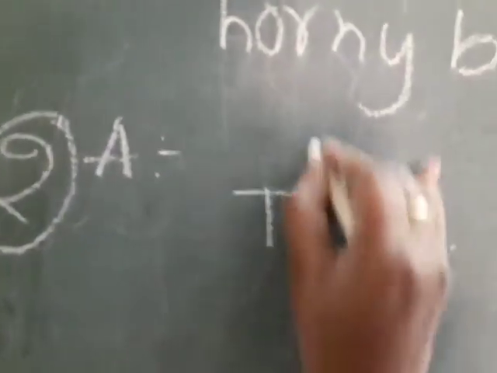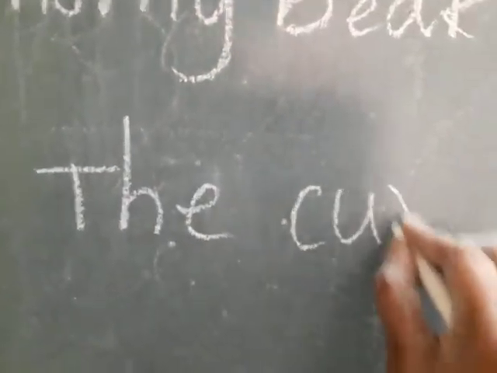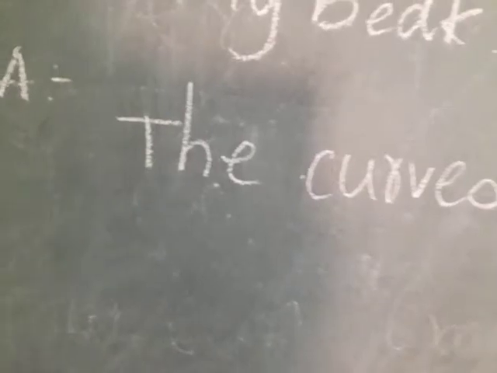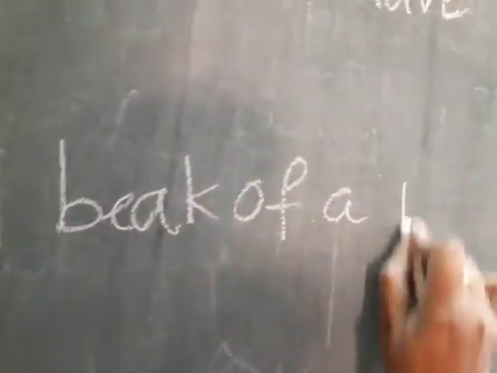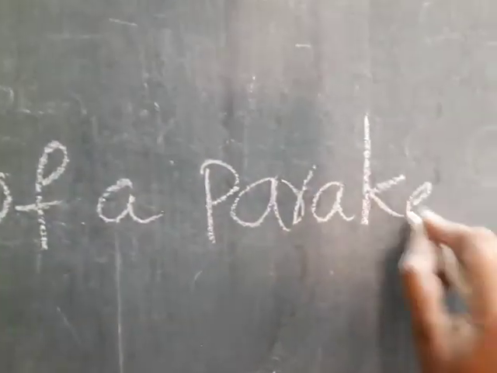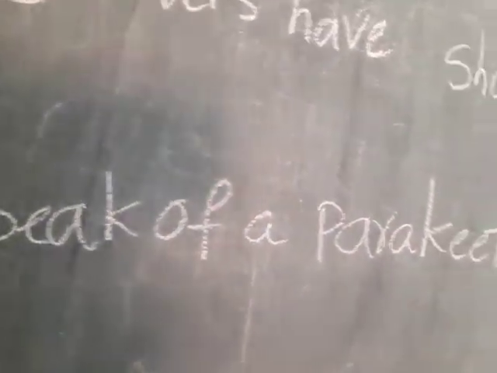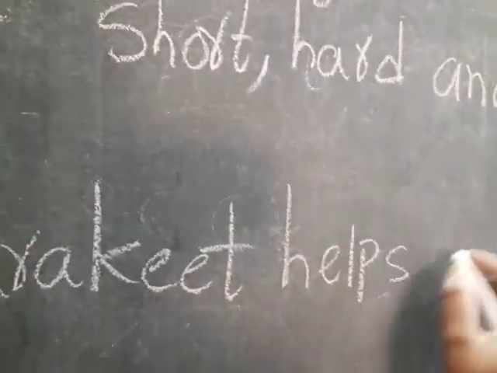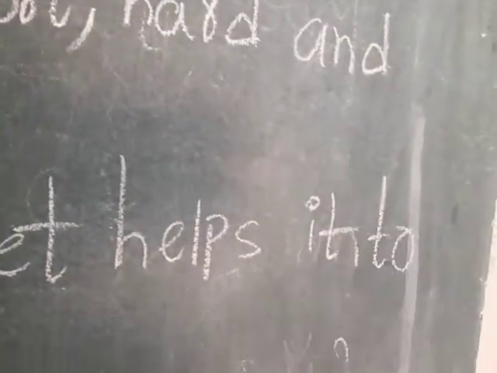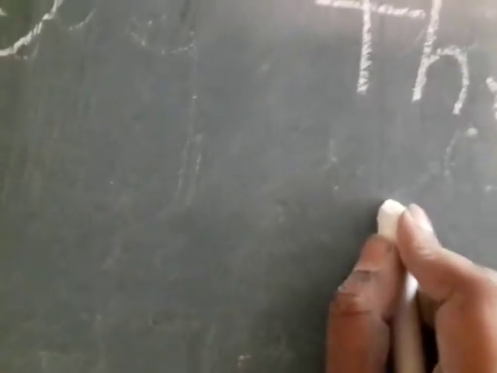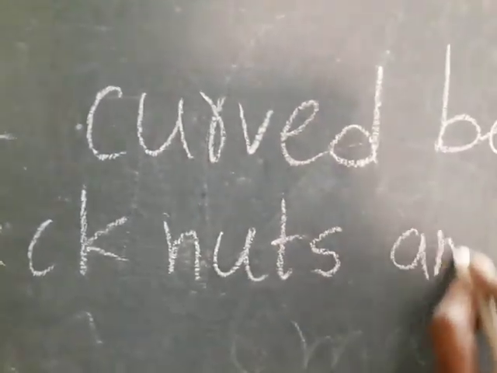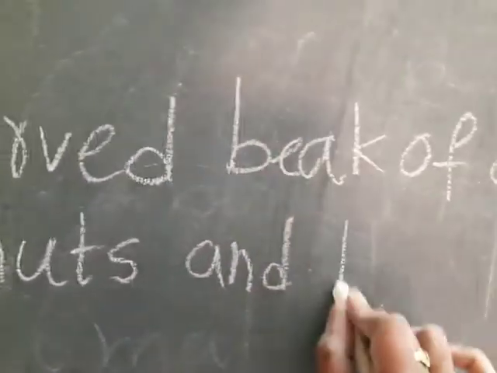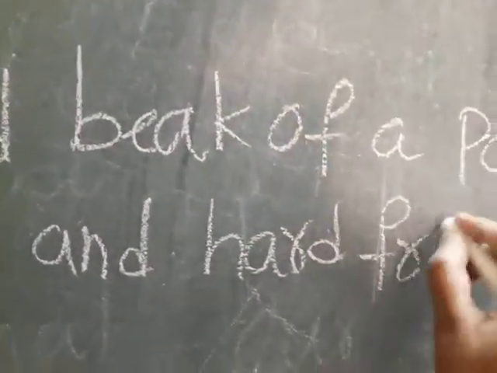Answer: The curved beak of a parakeet helps it to crack nuts and hard fruits.